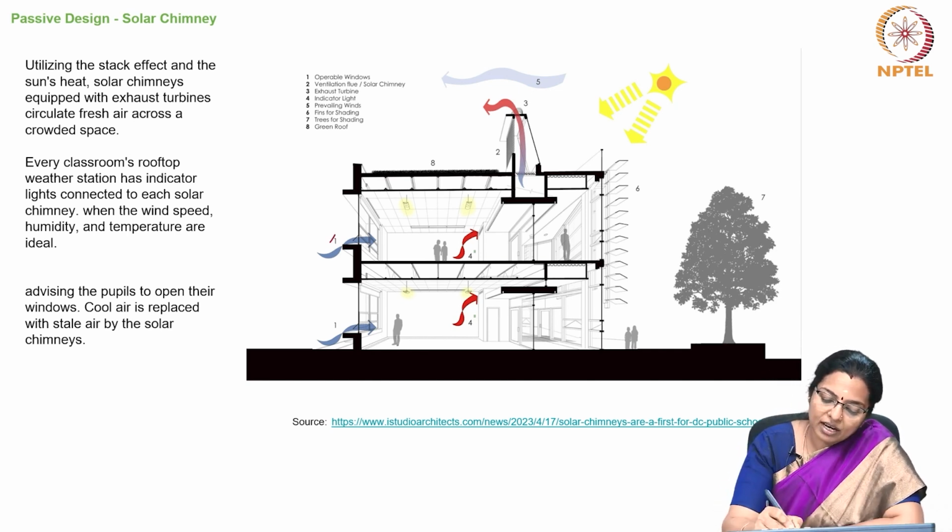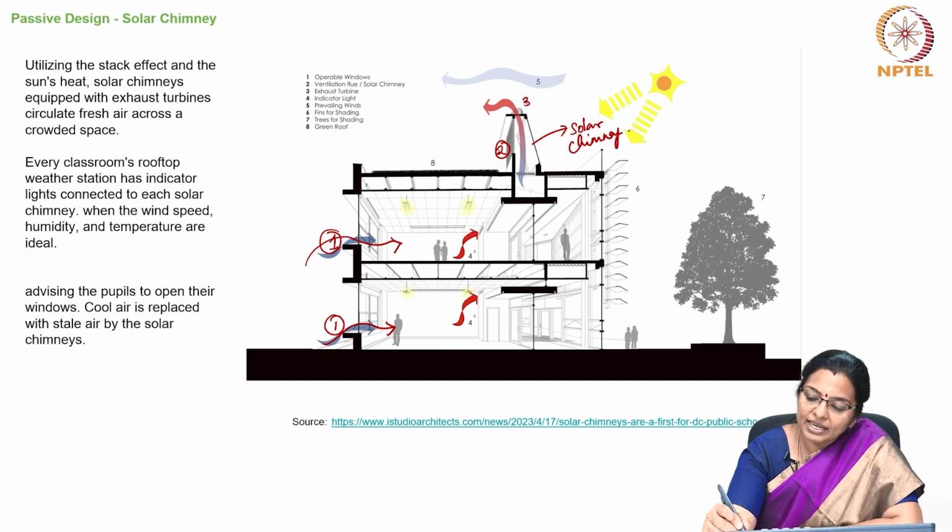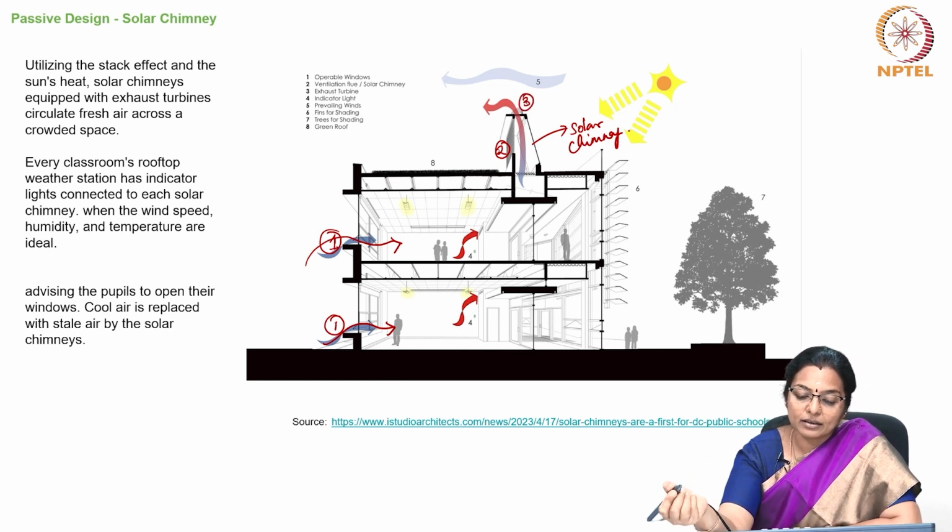So, here are the operable windows through which fresh air comes in at a lower level. Then there is the ventilation flue or the solar chimney. Then there is the exhaust turbine which sucks out the air.